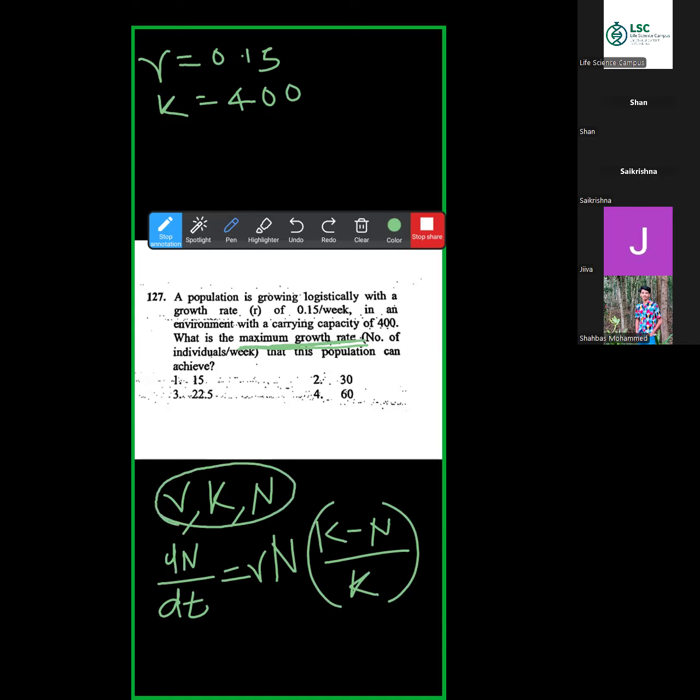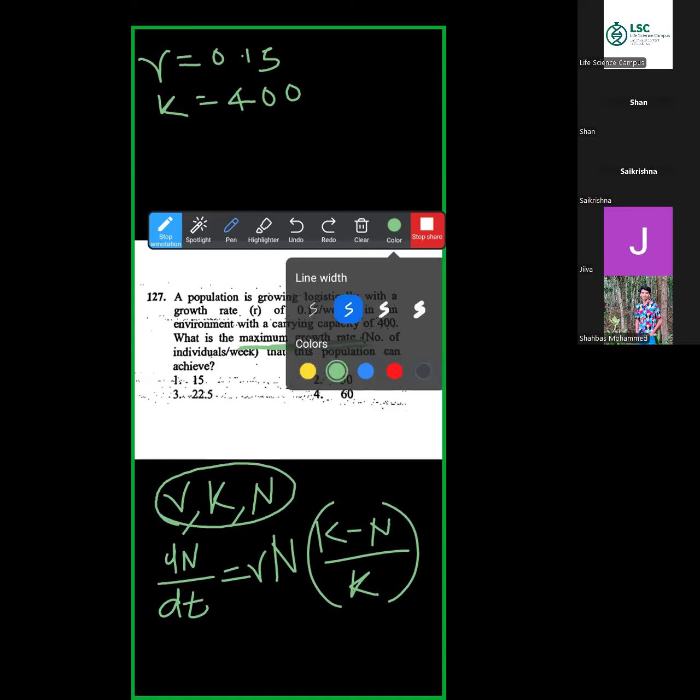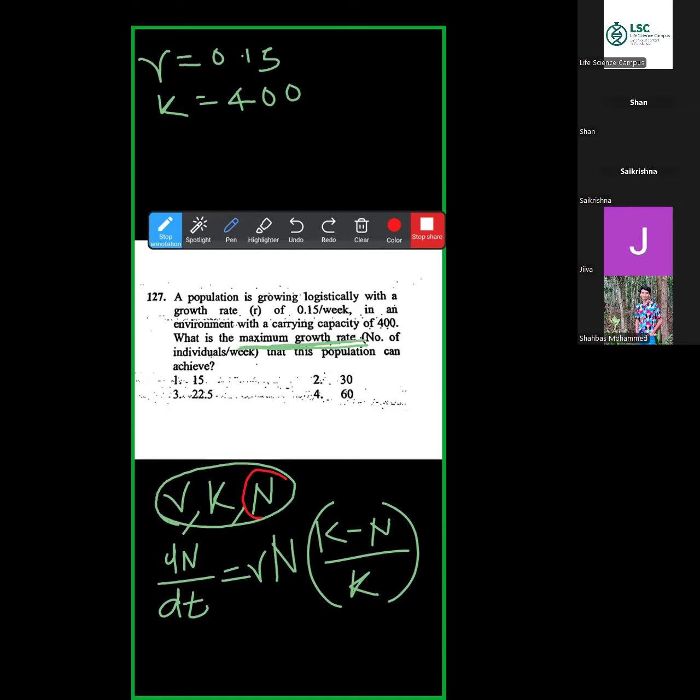But in this question, this N value is not available. But they have given the maximum growth rate. So this maximum growth rate is exhibited when the population size is half of the carrying capacity. So we can find out the N value, that is K by 2.